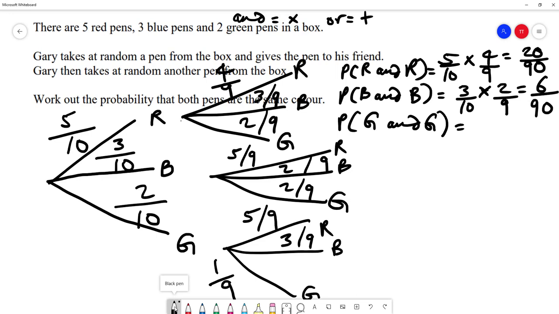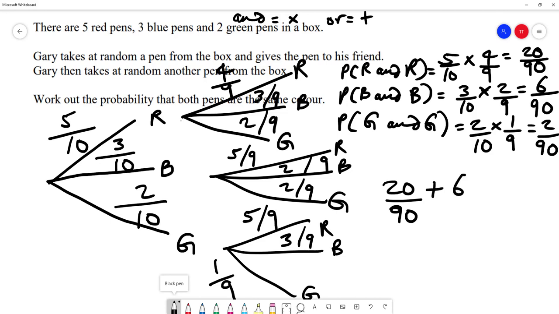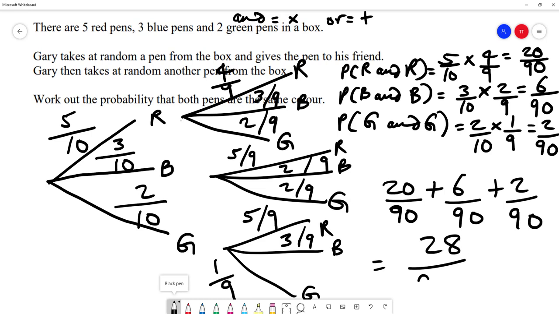And the probability of getting a green is 2 out of 10, times the probability of getting a green again, 1 out of 9. So that will give me 2 out of 90. So the probability overall will be 20 out of 90 plus 6 out of 90 plus 2 out of 90. So my final probability will be 28 out of 90.